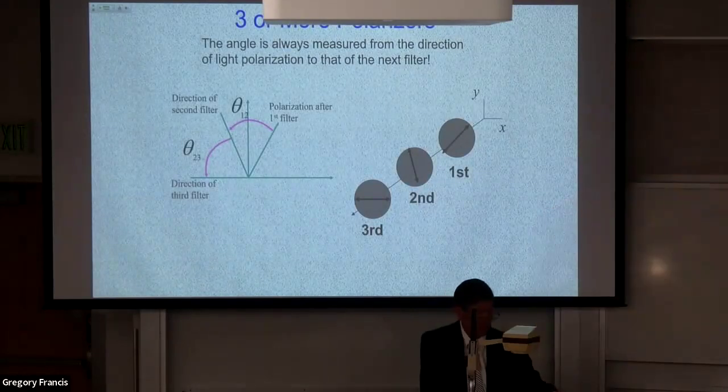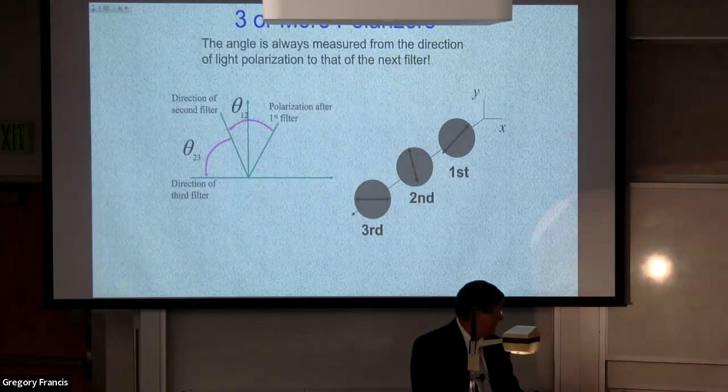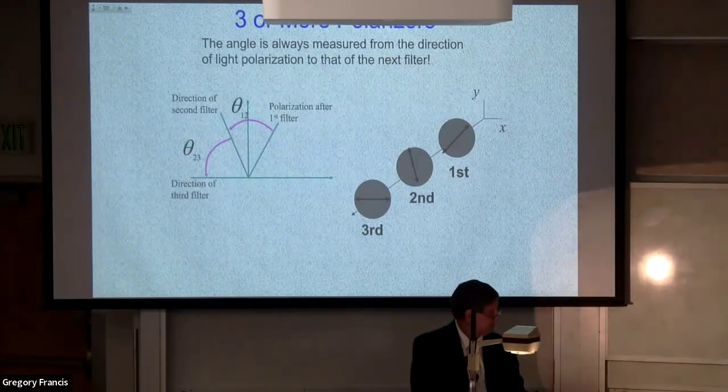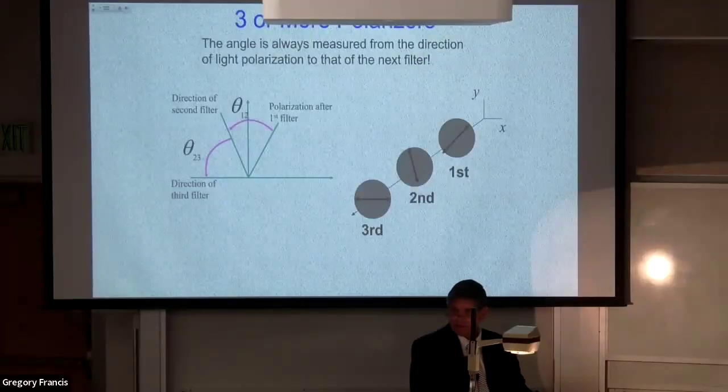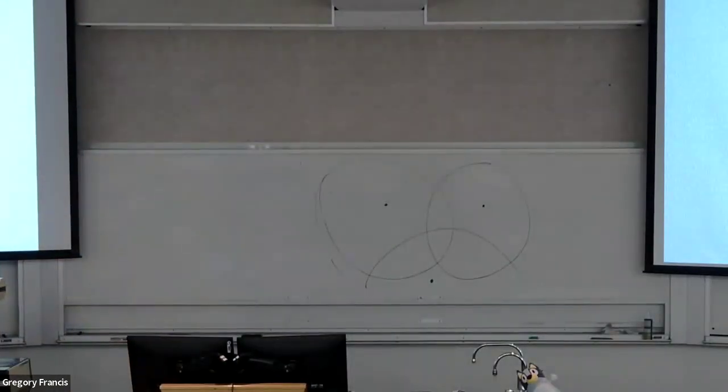But if I put another one on perpendicular, I lose all of it, because the cosine of 90 degrees is 0. But if I do it at 45 degrees, some of the light gets through, okay? And the smaller I make that angle, the larger cosine squared is, and so I get more light coming through.